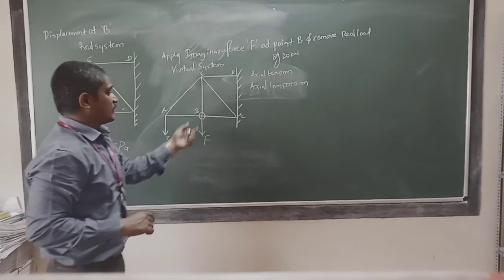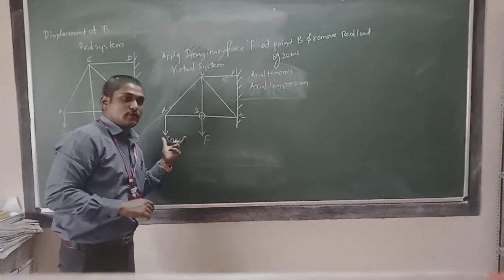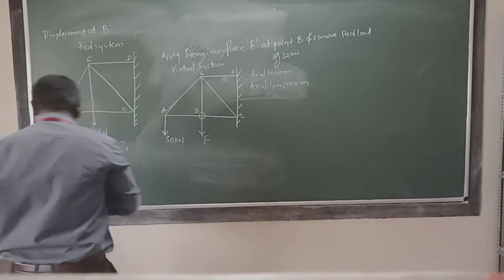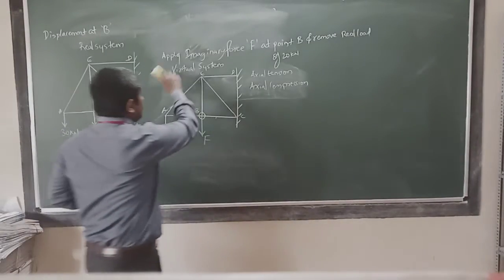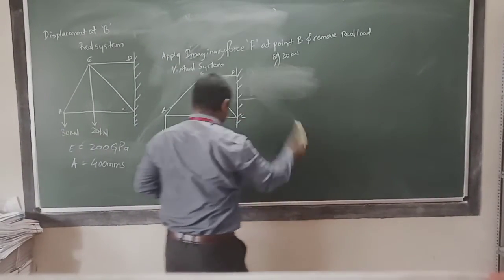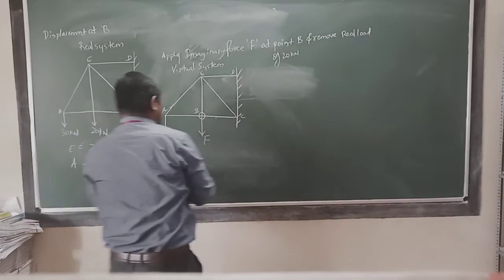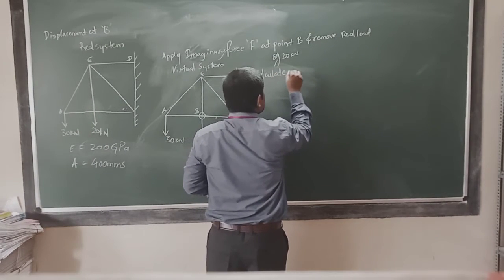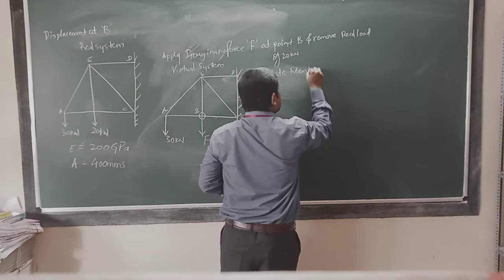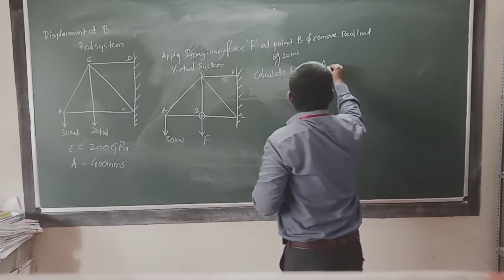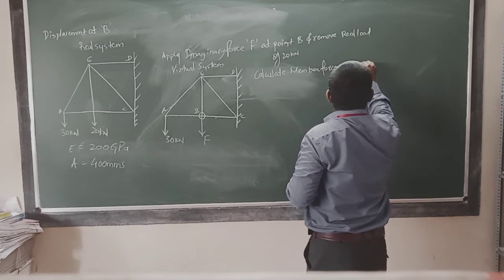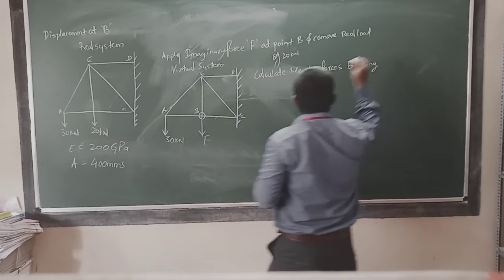So inside the structure, due to the application of these external loads, what member forces are developing? For that, the next step is to calculate the member forces by using the method of joints.